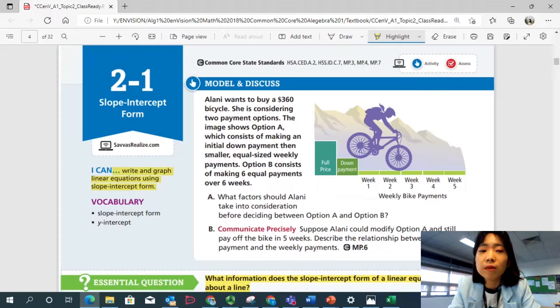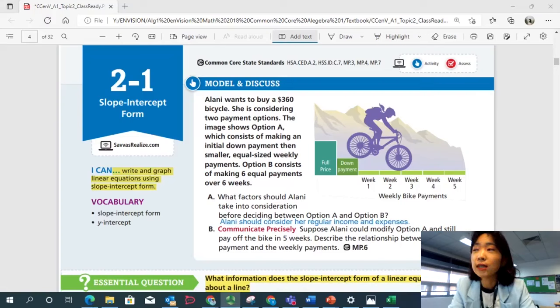So thinking about income and her expenses would give her how much money she could make a down payment, or if she can't, she would have to divide that into 6 equal payments. So writing that down, we can say Alani should consider her regular income and expenses.